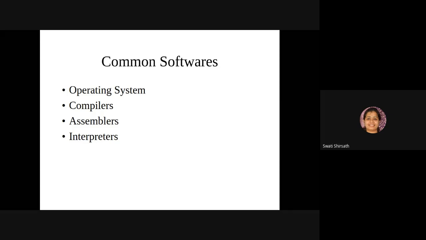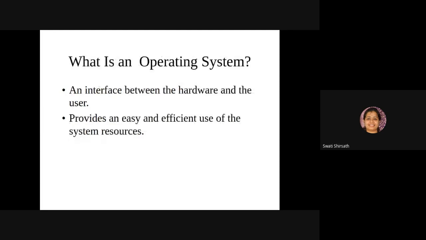As a computer engineer, you should know what these terms are. That is why we are going to discuss them. First one is operating system, then compilers, assemblers, and interpreters. I might have used these words before, during your labs also. So let's see what they are.